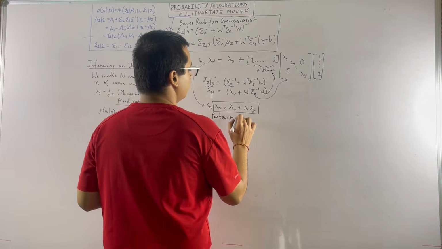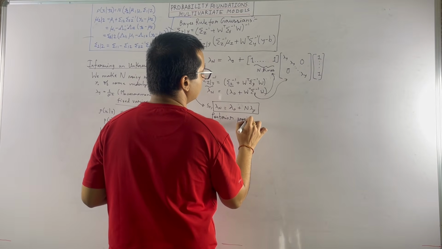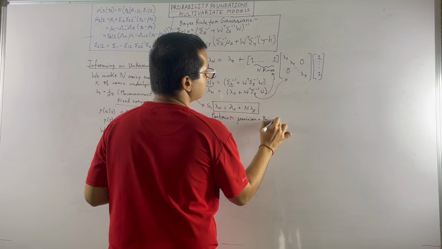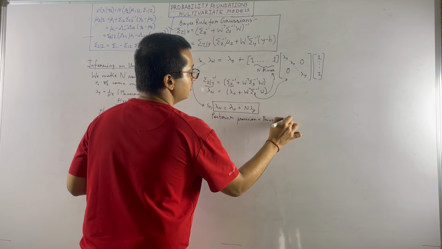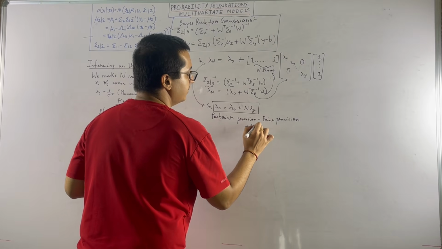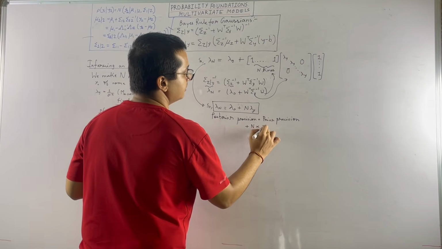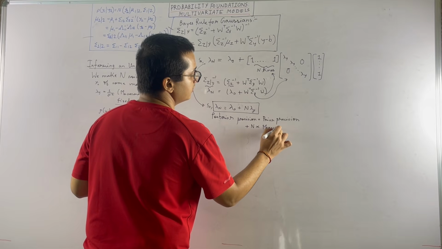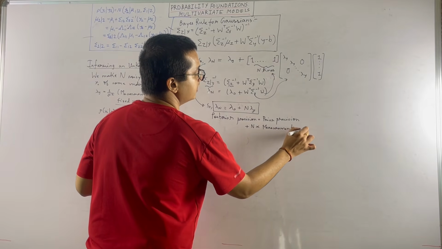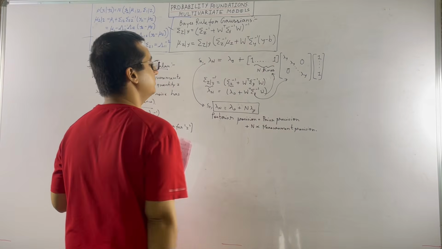So posterior precision is equal to prior precision plus n times, that is the number of times I make my measurement, times the measurement precision. Because lambda y is associated with the observation, so it's the measurement part.